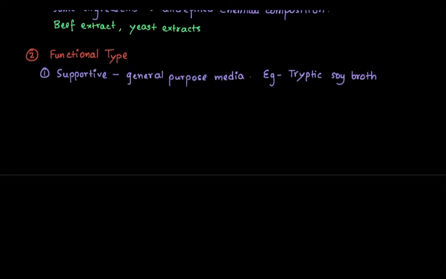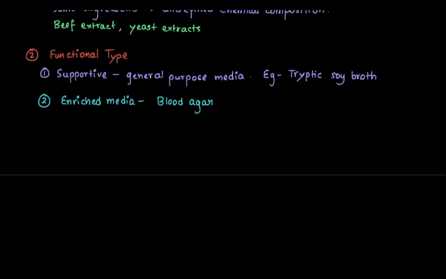And there is also something called enriched media. If you've heard about blood agar media, which contains 5% sheep blood.